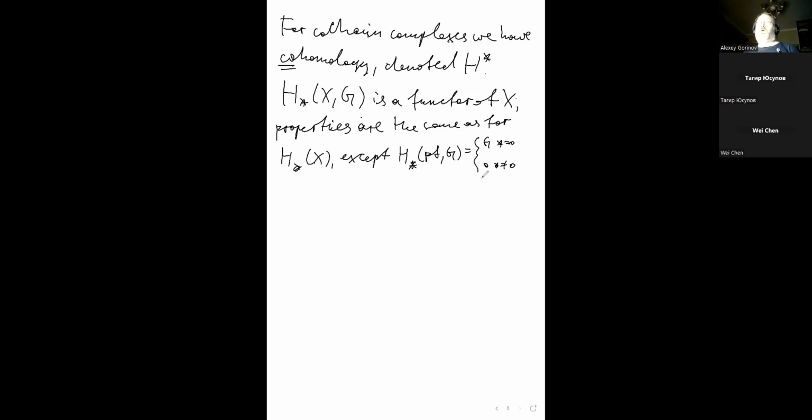The homology of a point with G coefficients in degree 0 is G. The remaining properties are exactly the same.